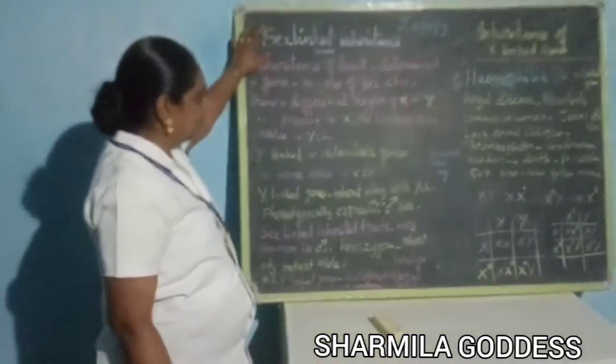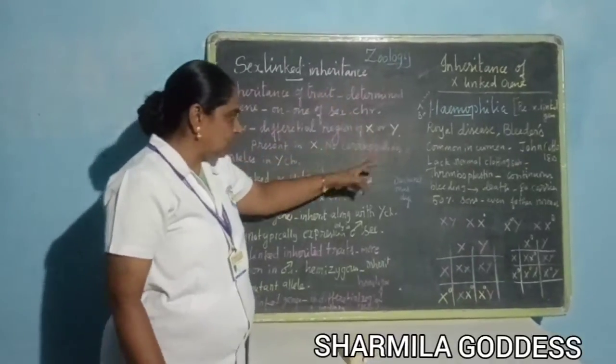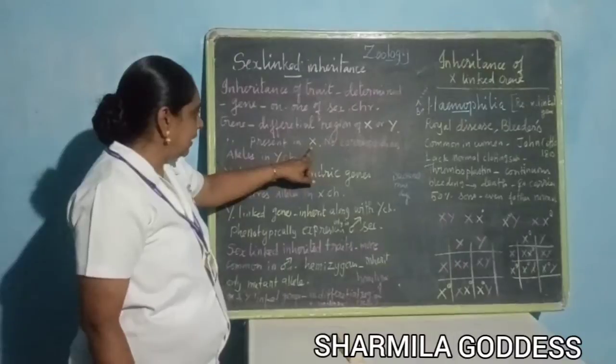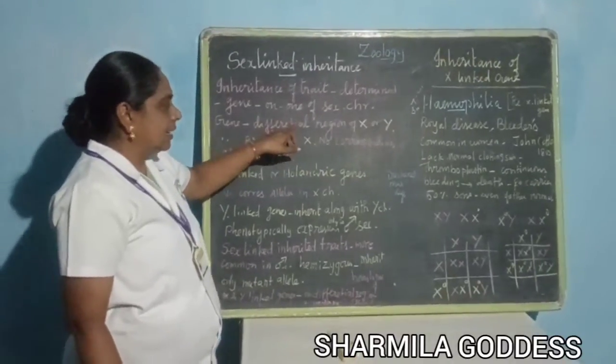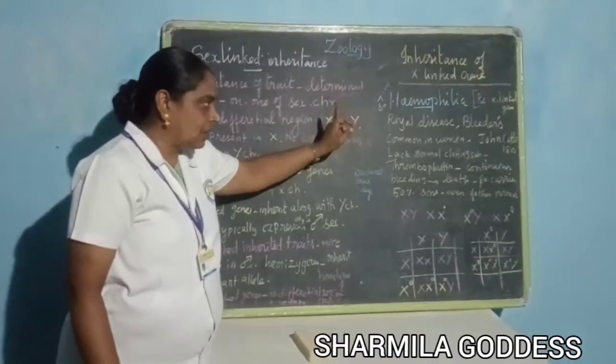Now, you know well that a sex-linked gene is a gene present on one of the sex chromosomes. An X-linked gene is present in the differential region of the X chromosome, and a Y-linked gene, otherwise called a hollandric gene, is present in the differential region of the Y chromosome.